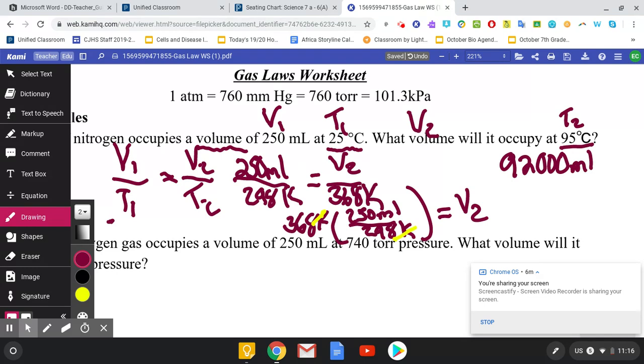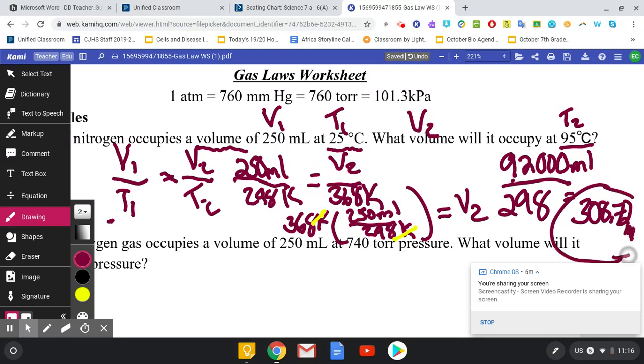Then we divide that by the 298, which will equal 308.72 milliliters. Make sure you don't forget your units there.